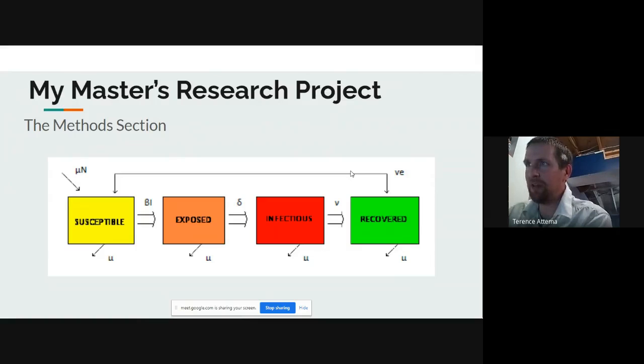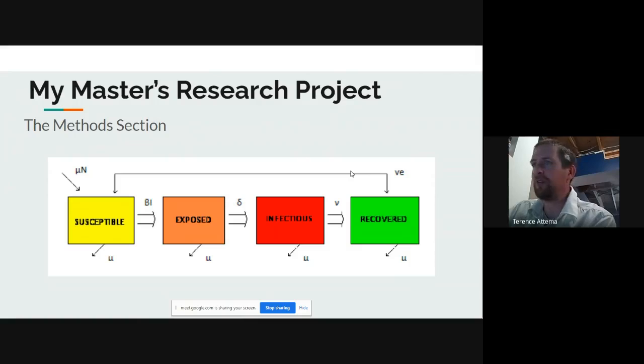This picture is a good diagram to remind you of what I talked about last week: compartmental models like SIR, or in this case, SEIR. Basically, you start with a number of susceptible people, and maybe you introduce a few infected people to some sort of infectious disease.